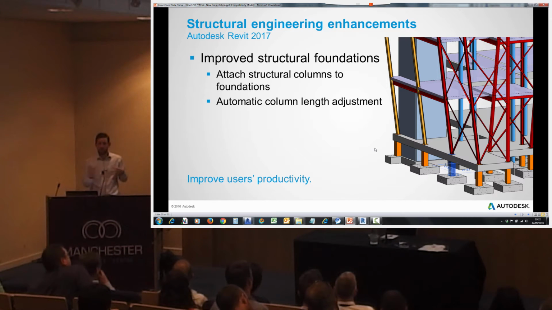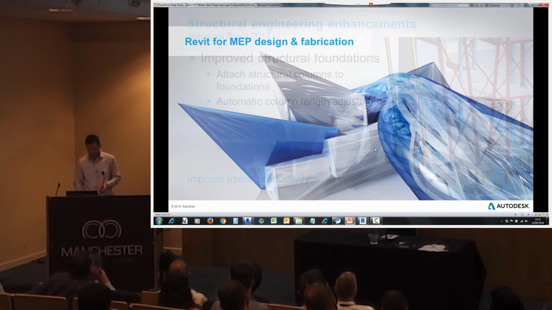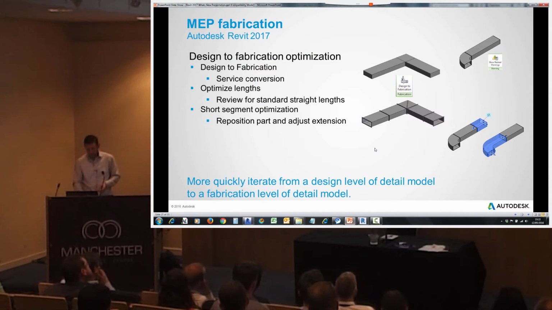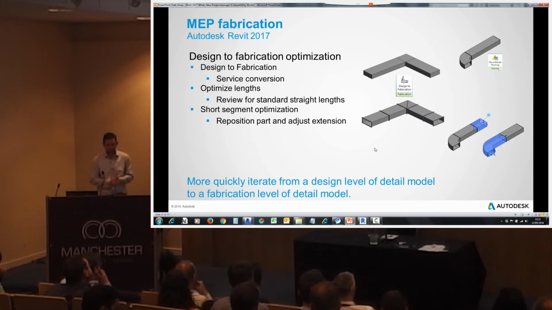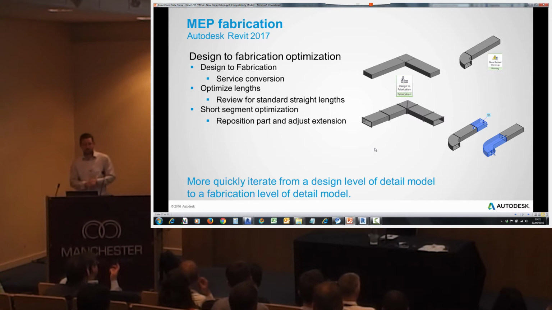MEP. So anybody use the fabrication elements in 2016? That was one of the big wins in there. They purchased, was it CAD MEP, and they've been working in the background on the best way to integrate this within their software.